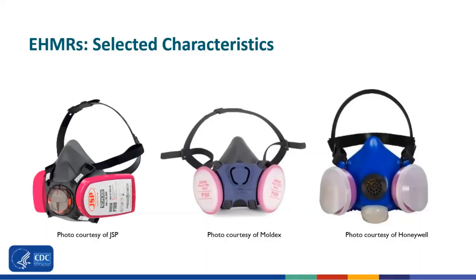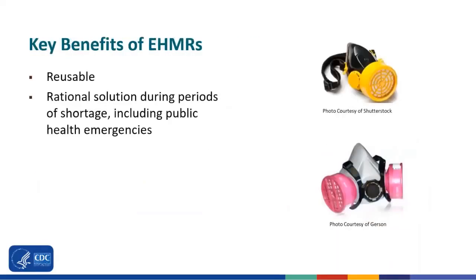This may be important when disinfecting the outside surface of the container that encloses the filter. This helps prevent the filter material on the inside of the container from becoming wet. Key benefits of elastomeric respirators, clearly in our current situation during shortages, is that they can be reused.